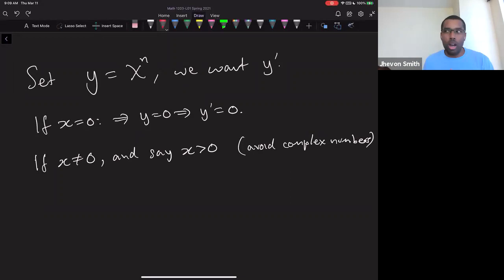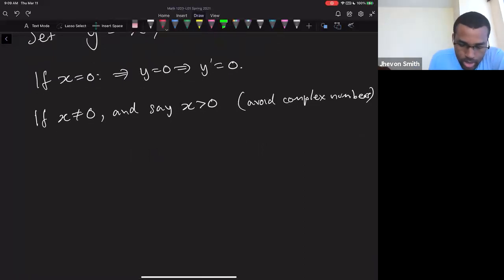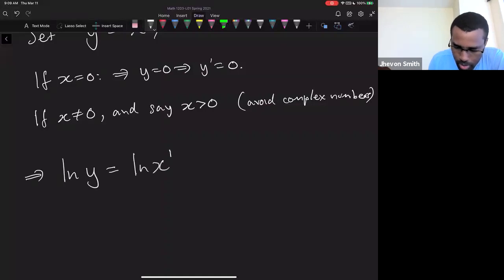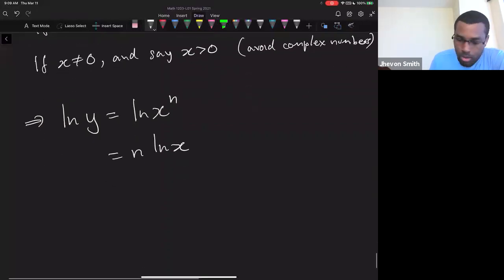You should just know I can use logarithms to undo powers. So that's what we're going to do. Since I'm assuming that the power is positive, I can throw it inside a logarithm. Now, the log rule says I can bring that power down.